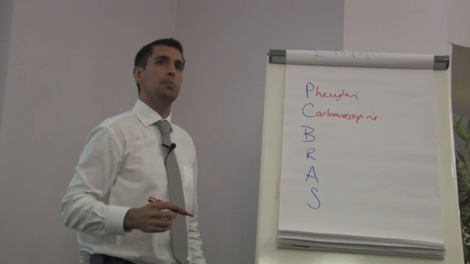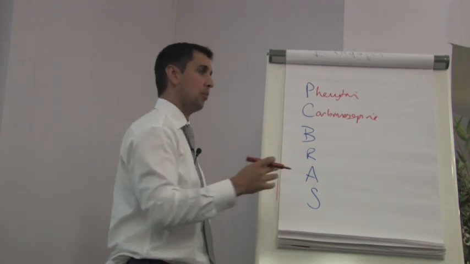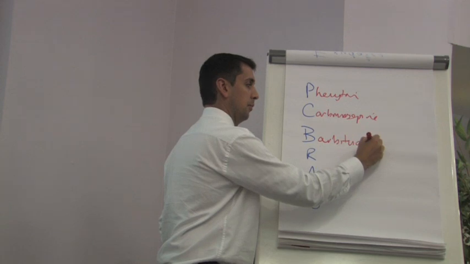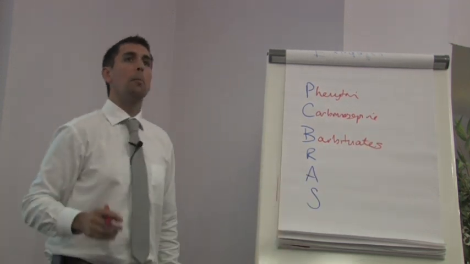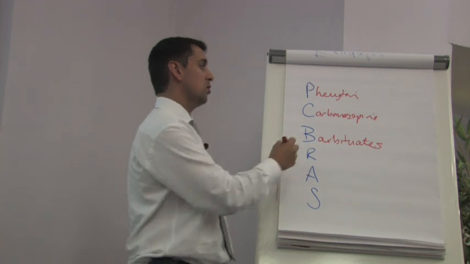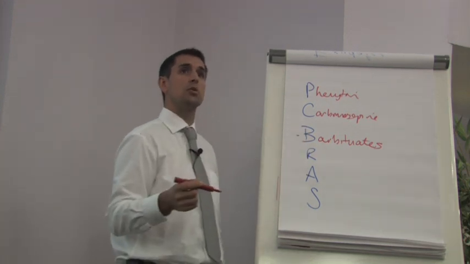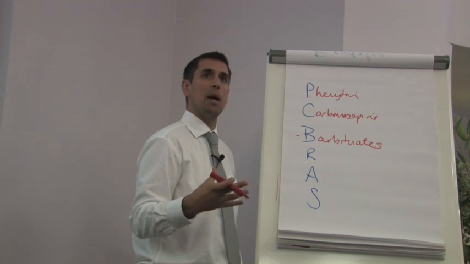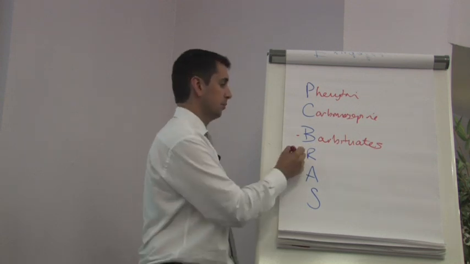B, people commonly get mixed up with this, barbiturates. Not benzodiazepines. Your brain wants to put them in there because you don't use these very much anymore, but they're still used for certain forms of epilepsy. Clobazam, clonazepam, these are barbiturates.